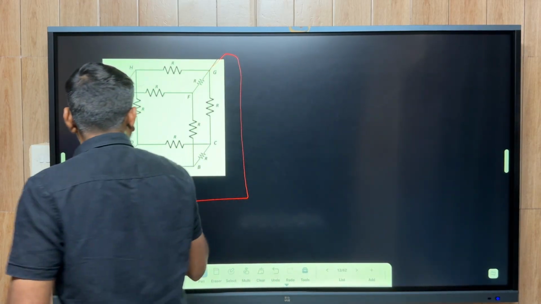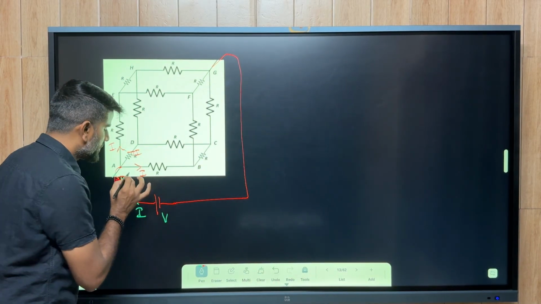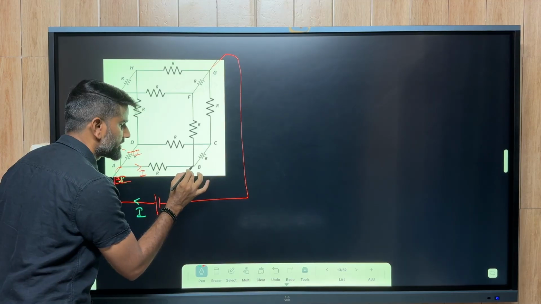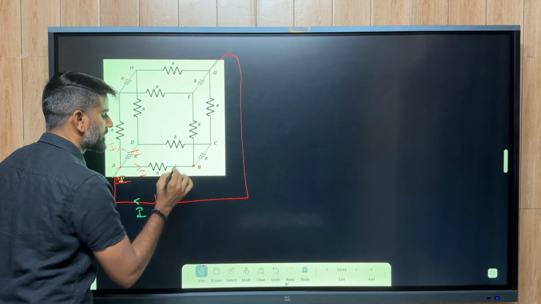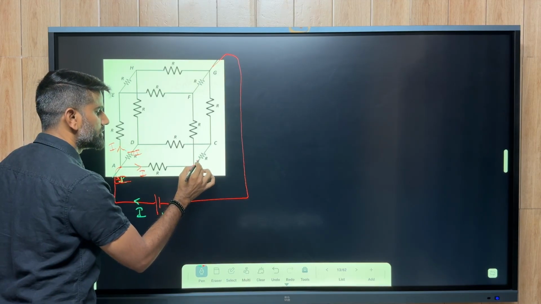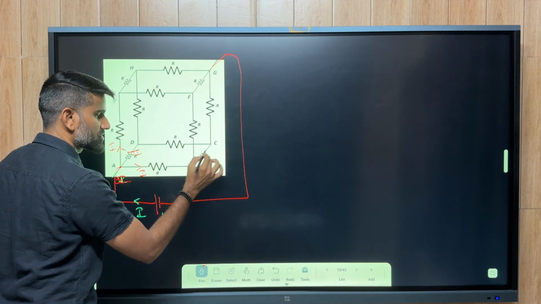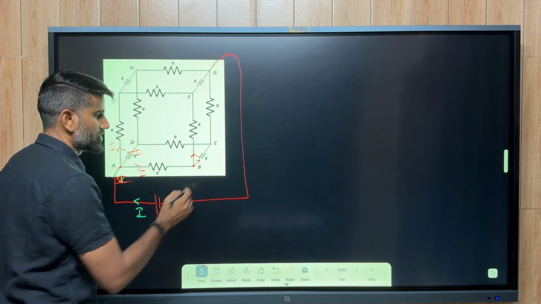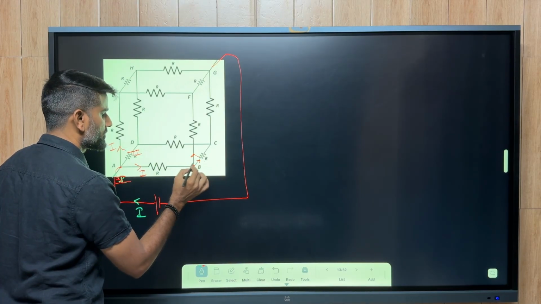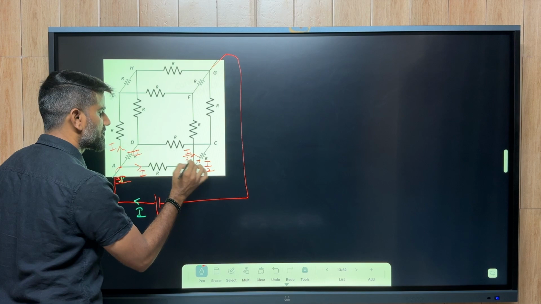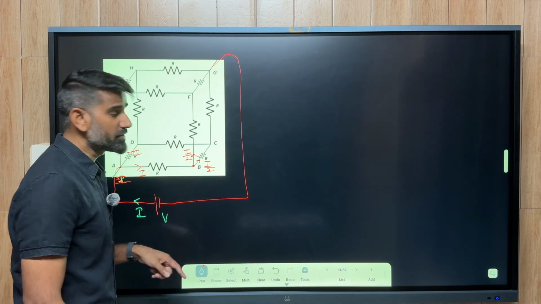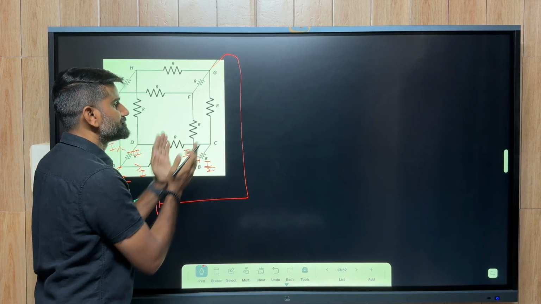So I'm looking at this current. This current is flowing in this direction, and at this location, again current gets divided. Some current flows into this section, some current flows into this section. Let us say in this section the current flowing is I by 2, and in this section the current flowing is also I by 2, because again due to symmetry.